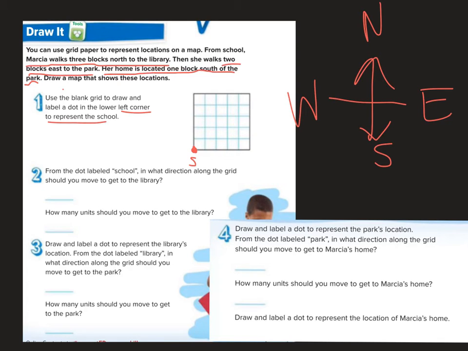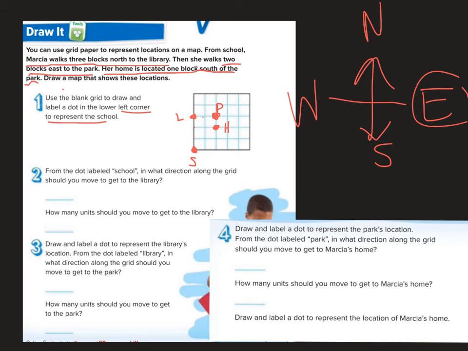From school, Marcia walks 3 blocks north to the library. So she walks 1, 2, 3. Here is the library. Then she walks 2 blocks east to the park. 1, 2. Here we have the park. Her home is located 1 block south of the park. So here we have her house.